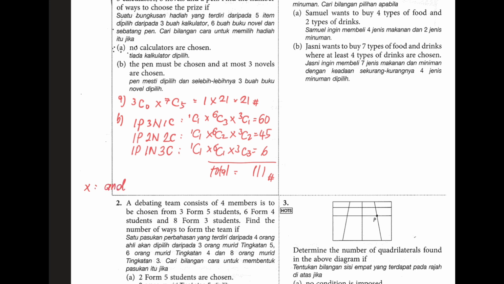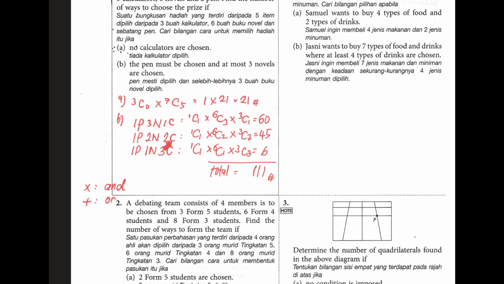Plus is used when you're using the concept of or. So for example, I can do this in 3 ways. The first way is 1 pen and 3 novels and 1 calculator.